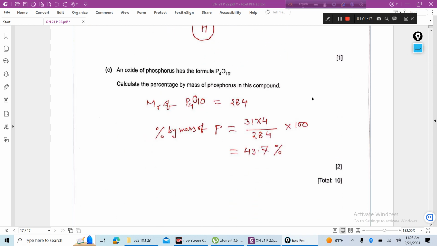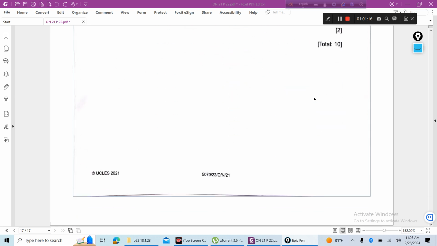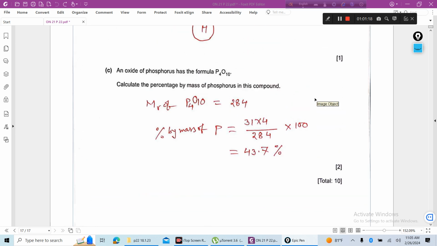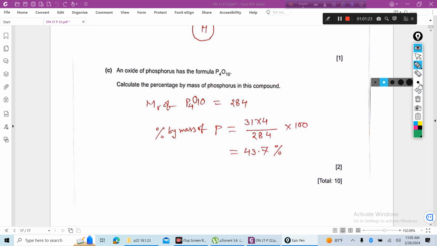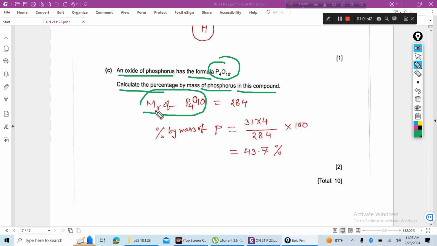Now, an oxide of phosphorus has the formula P4O10. So calculate the percentage by mass of phosphorus in this compound. Relative molecular mass, Mr, of phosphorus pentoxide is 284.